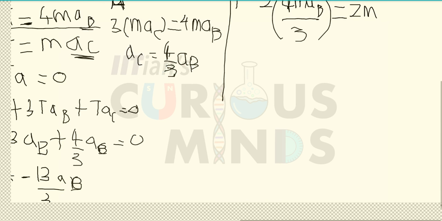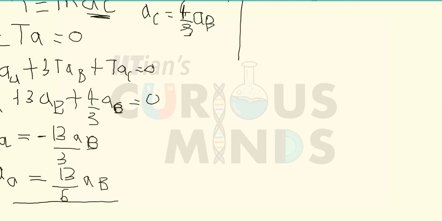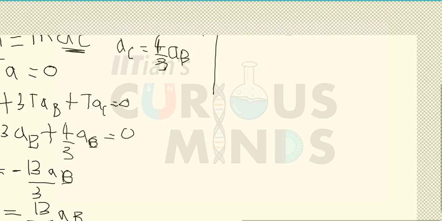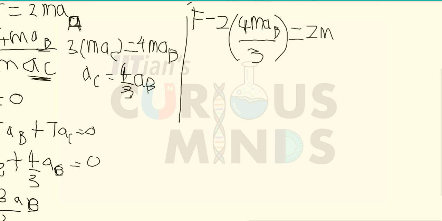That is the acceleration of block A in terms of B. If you see, it is equal to 13 by 6, so it will be equal to 13 by 6 m aB.